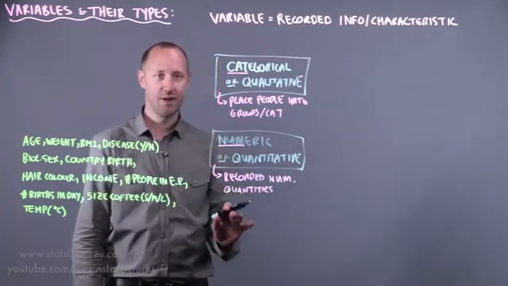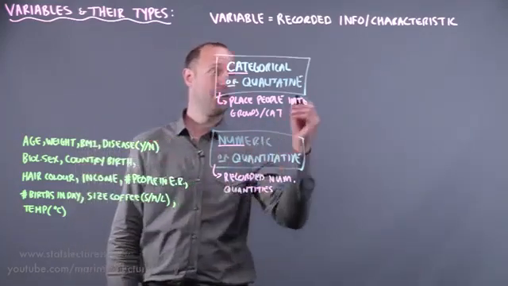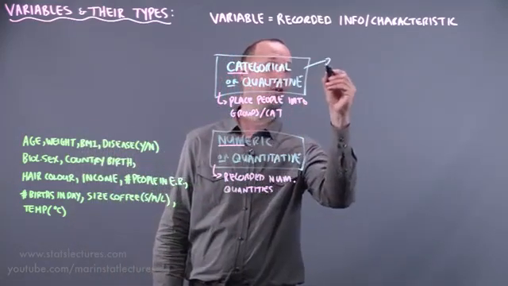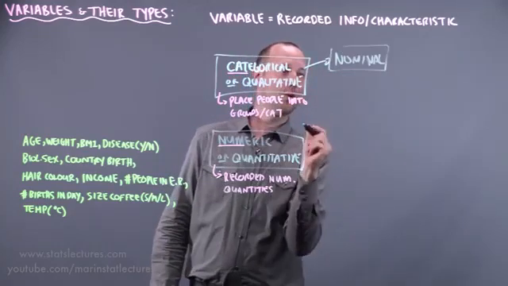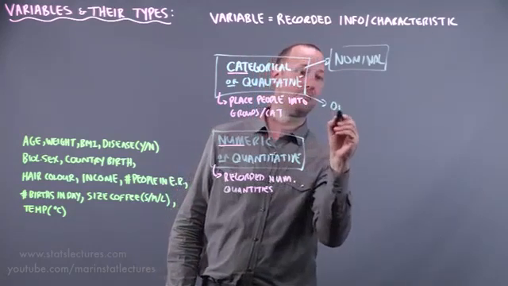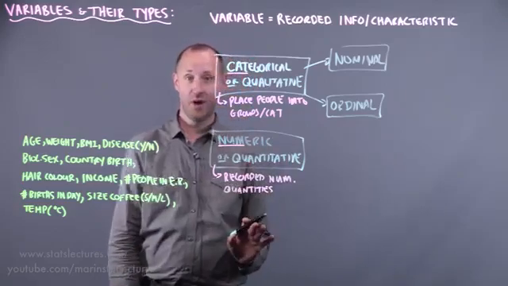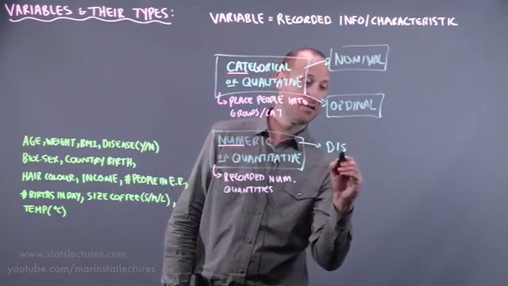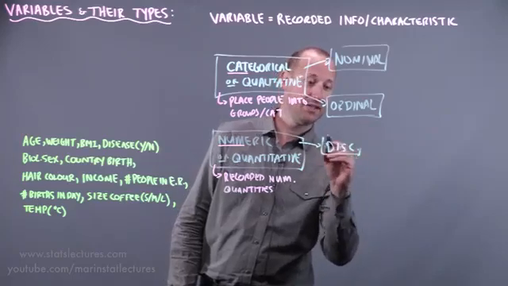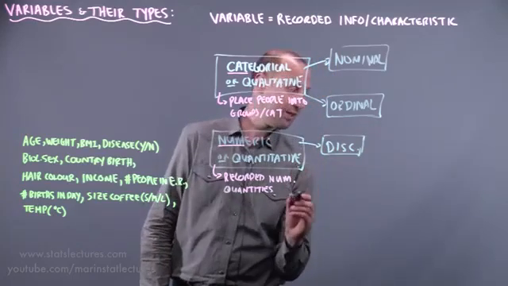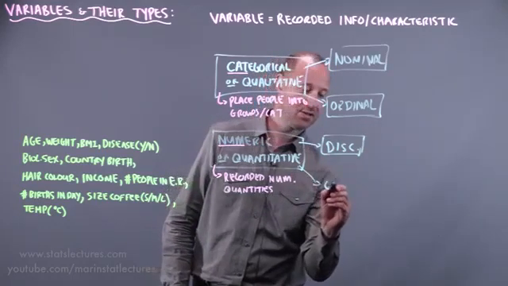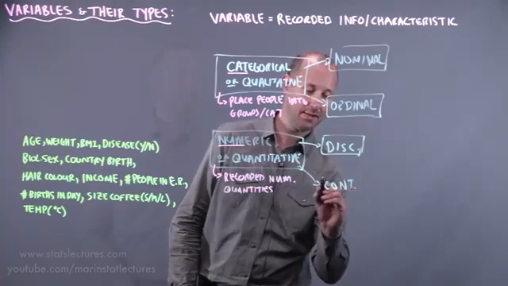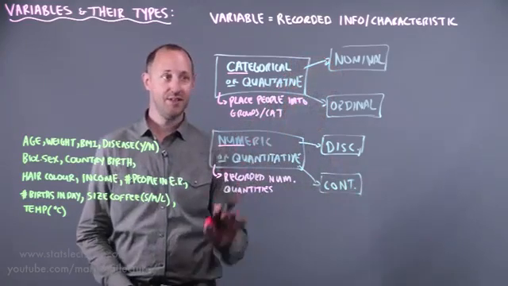So categorical variables can be further broken down into what we call nominal or ordinal. And numeric variables can be further broken down into discrete, so I'm just going to summarize that, DISC, or continuous. Again, I'll just abbreviate that, CONT. Okay, so let's talk about each of these.